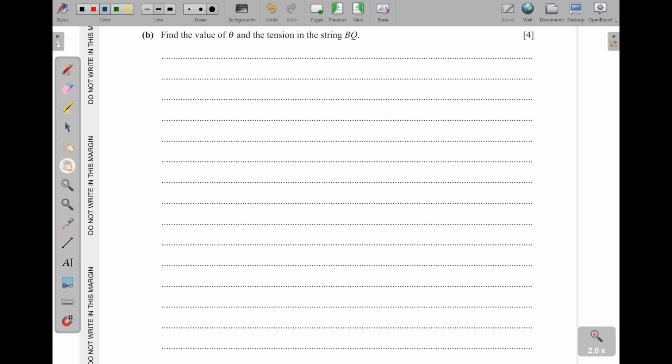Now here we shall look at forces acting on B. Okay, forces on B. So which forces do we see on B?